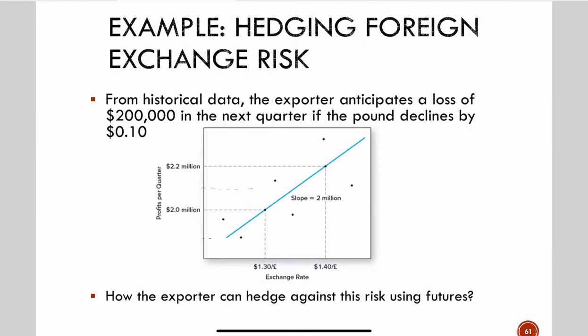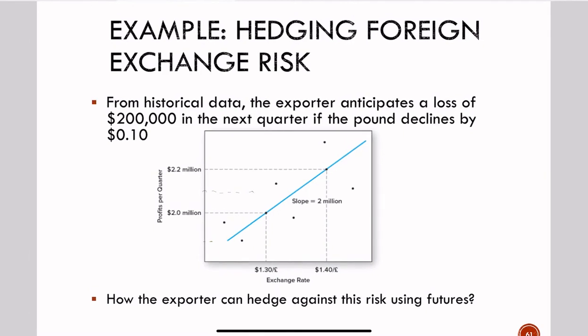So you can see that in this case, by using linear regression, you can roughly find out the slope here is $2 million. It basically means if the exchange rate decreases by 1, then you will suffer $2 million.